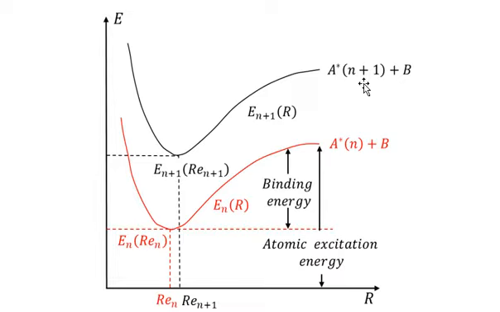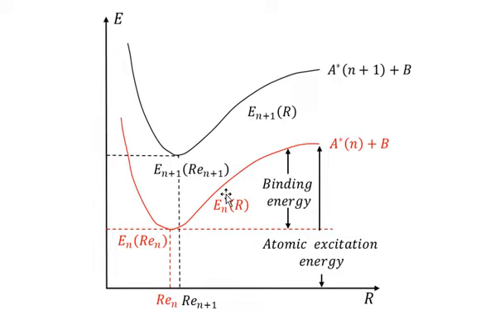This A star means that it is an excited state A of the molecule. There is no star with B, so B is in the ground state. Or you can say that the atom corresponding to the B nucleus is in the ground state, whereas the atom corresponding to the A nucleus is in the excited Rydberg state. I have shown only these two states here, A star of n and A star of n plus 1.